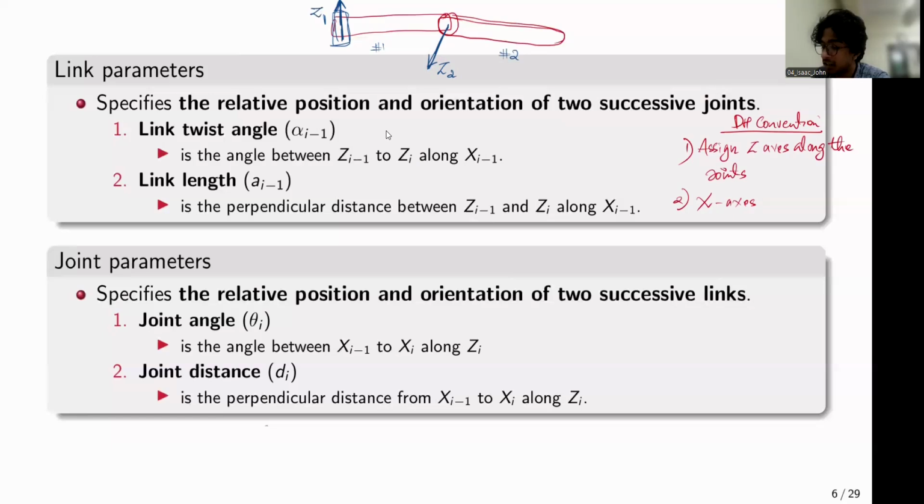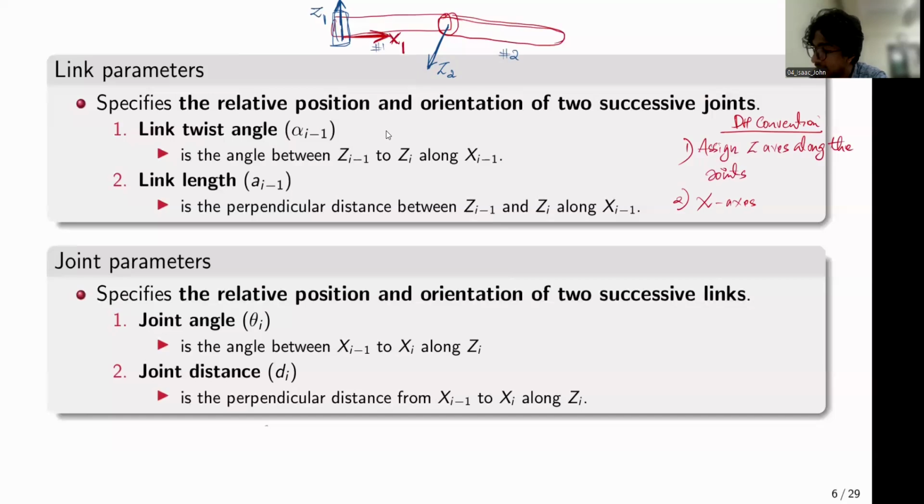So if we consider the first z-axis to be pointing vertically upward and the second z-axis to be coming out of plane, the perpendicular direction to these two directions would be along this direction, right? That will be your x1 axis. So I'll denote the x1 axis like this. This is going to be our x1 axis.